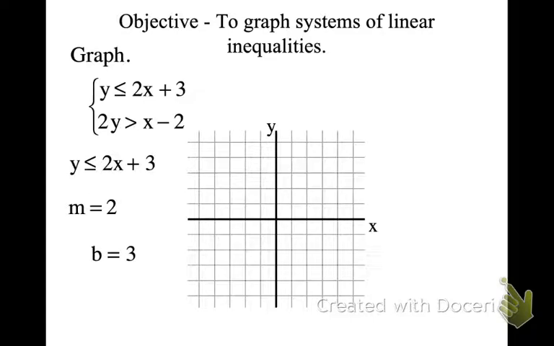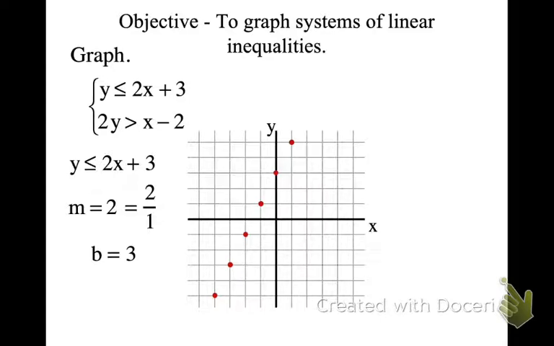Remember, I'm going to start at the B at 3 on the y-axis. And then my M represents a rise over a run. So that would be 2 rise, 1 run, or 2 up, 1 to the right. Or I can go -2 over -1, down 2, left 1.